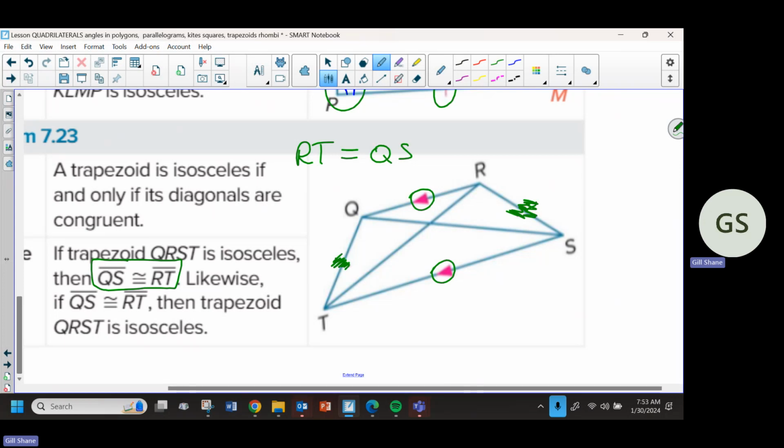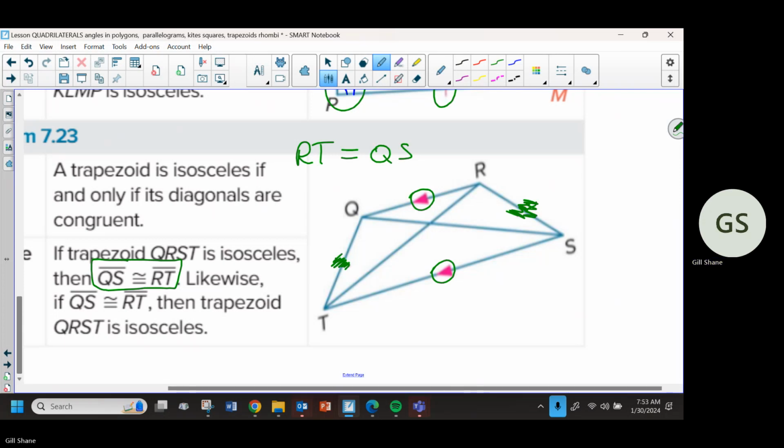And then that means if the diagonals are congruent, it has to be, and that would come back to our congruent triangle stuff. We could prove because of the parallel lines, and if we draw in one diagonal, we can wind up proving that we have some congruent triangles.